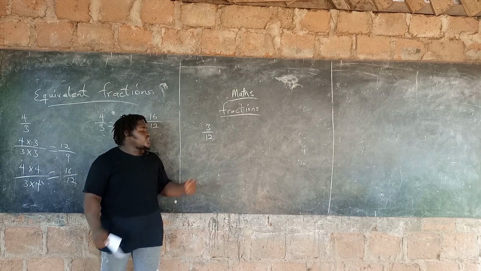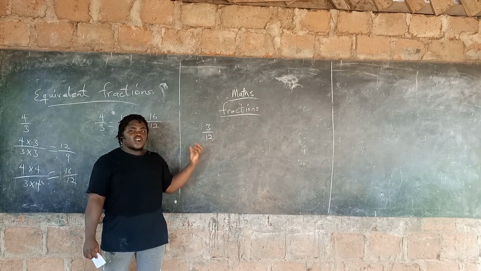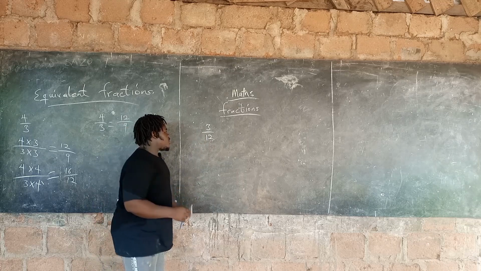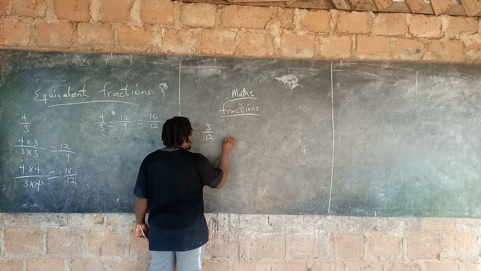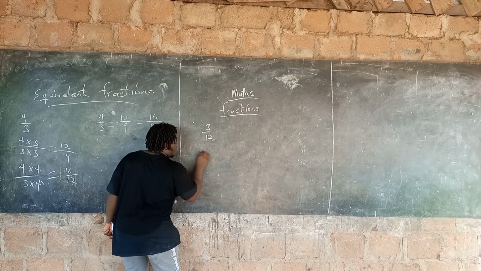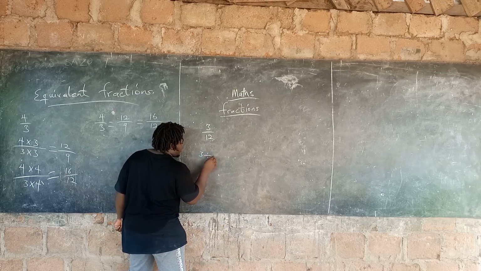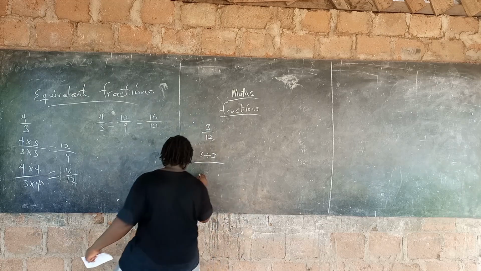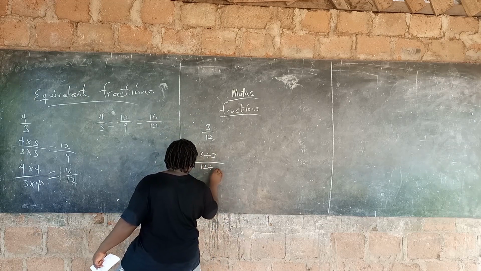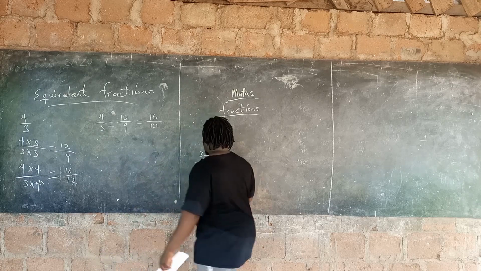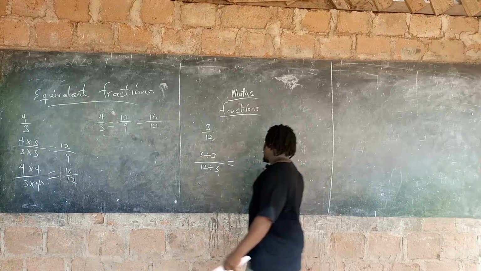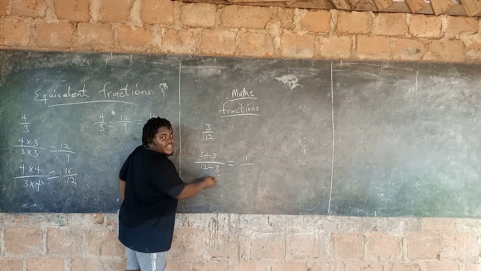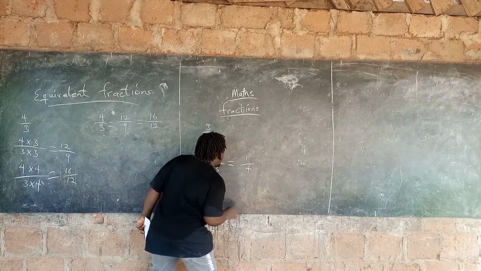Because looking at it, you can see that 3 is the common factor of 3 and 12. So it's going to be like this. 3 divided by 3 over 12 divided by 3. So 3 divided by 3 will give us 1, and 12 divided by 3 will give us 4.